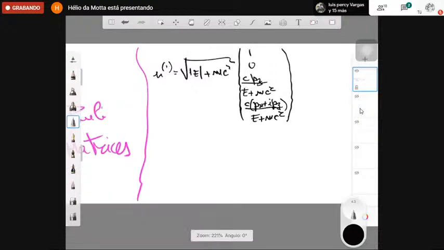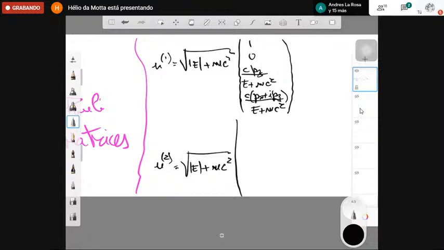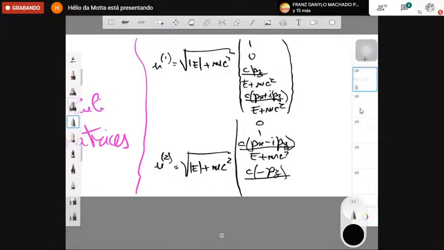And the other one would be u2, with c px minus i py over E plus mc squared, and c minus pz over E plus mc squared.